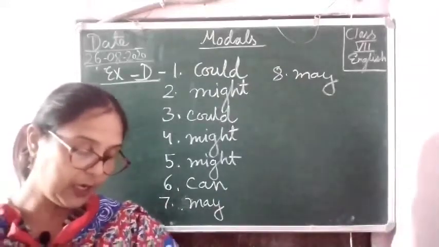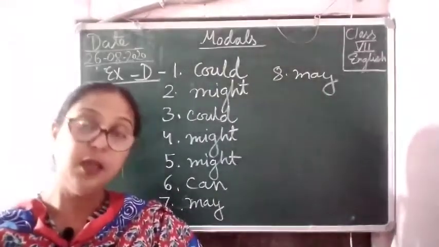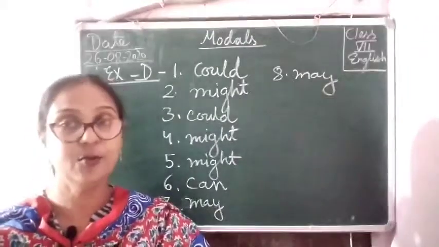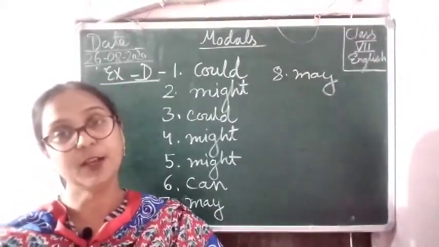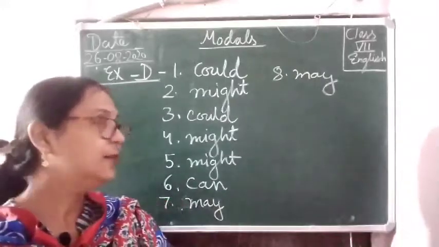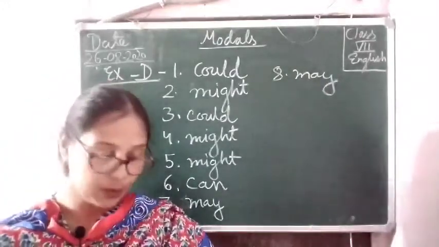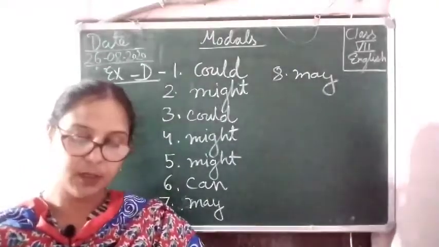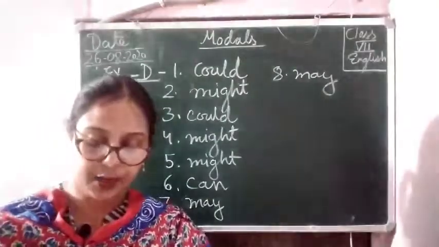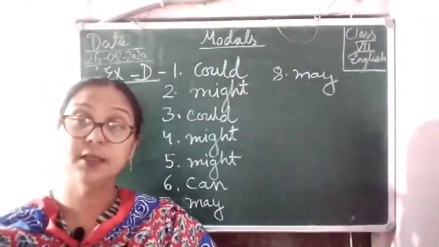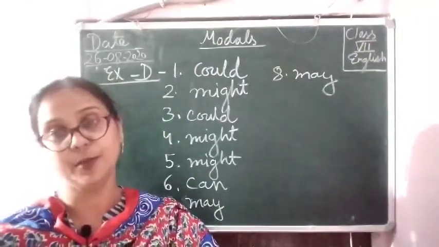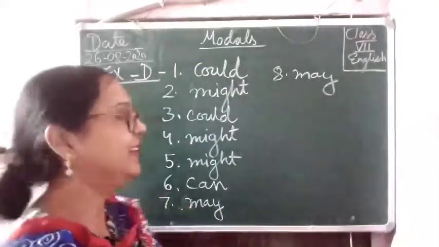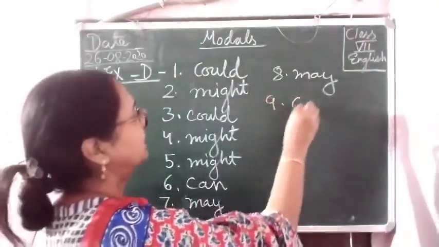She may tell you clearly about the nervous system. You have to show good possibility, and good possibility is shown by may. Now we are moving to number 9. I dash come tomorrow to meet your father. It is having general possibility. So general possibility can be shown by can. So number 9 is can.